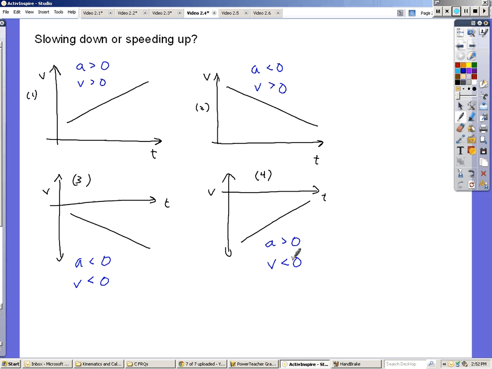Now the next question is, in which one of these would we describe the motion as slowing down? Well, clearly not in graph 1, because the speed, meaning the magnitude of the velocity, is increasing. And we're going to need to ask, well, how can we look at the graph and say slowing down or speeding up? Well, if it's slowing down, the velocity is going to be getting closer to 0, not necessarily increasing or decreasing, but approaching the t-axis.